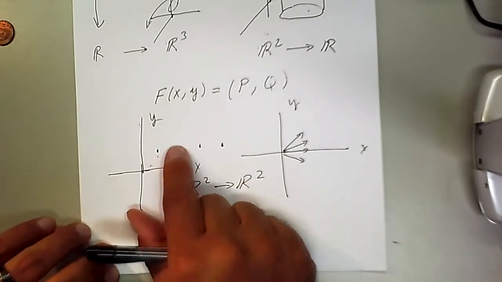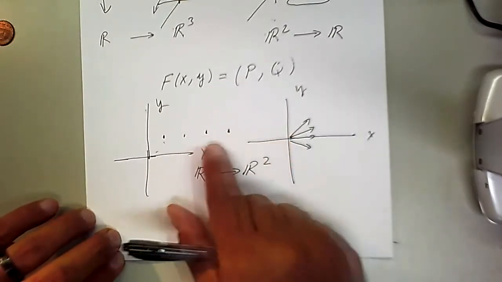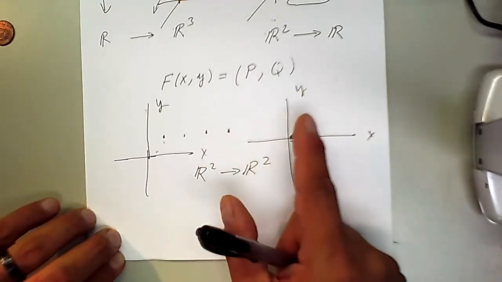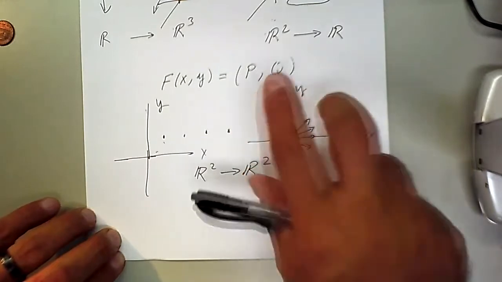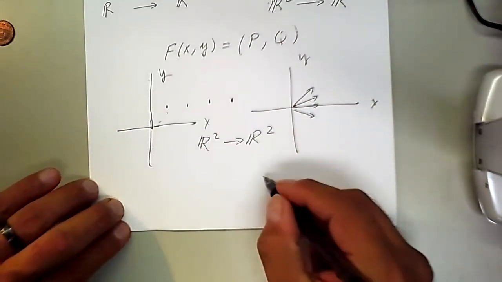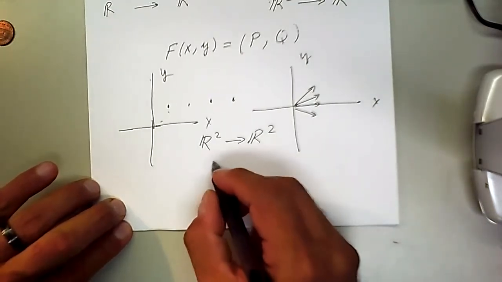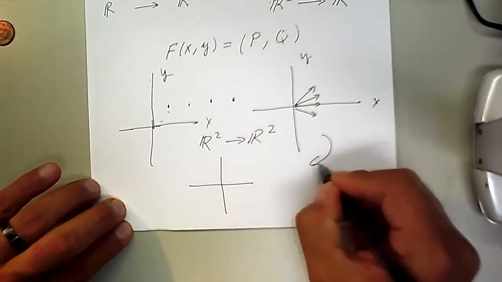Now, people have decided to draw this in one picture. Technically speaking, we need 4 dimensions, 2 for x and y and 2 for x and y again combined. But people have done this, and that's what they call a field. So let me combine the two.